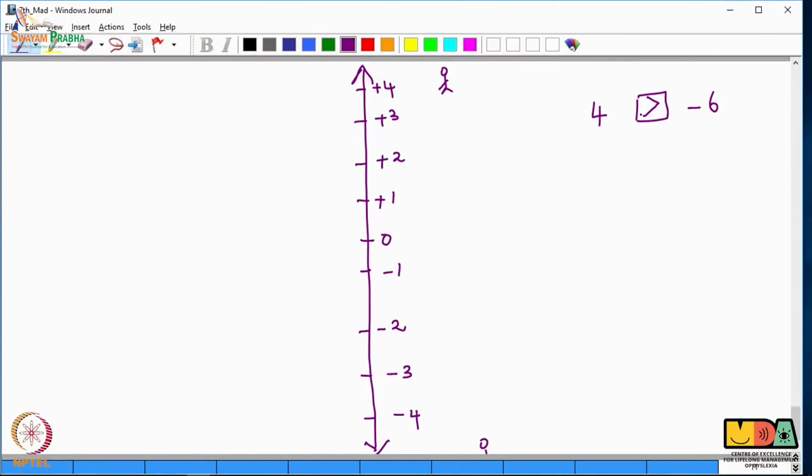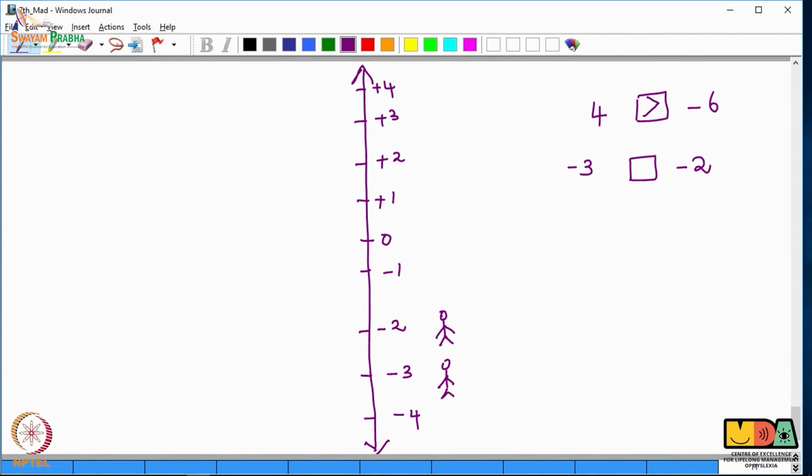Let us take the next numbers, -3 and -2. Now, where should they draw the stick man? On -3, and where should they draw for this one? Near -2. So, who is standing on top? -2 is standing on top.